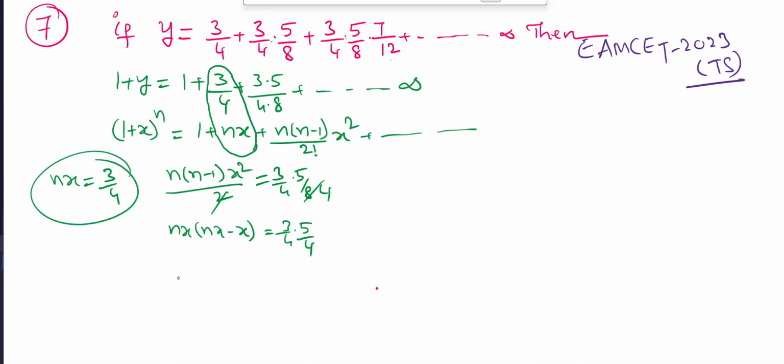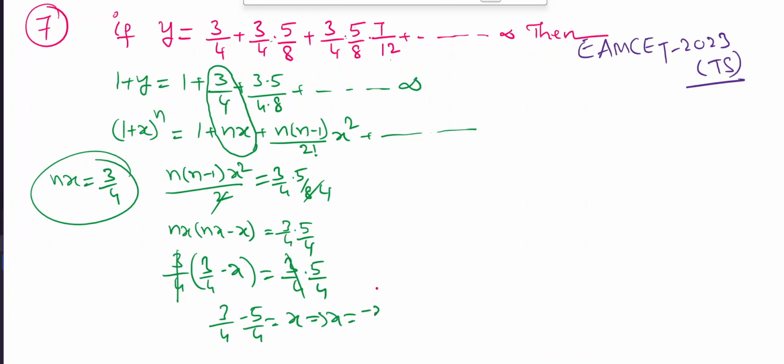Substituting the nx value in this equation, that is 3 by 4 into (3 by 4 minus x) is equal to 3 by 4 into 5 by 4. Both sides 3 by 4 cancel. From this, 3 by 4 minus 5 by 4 is equal to x. This is x is equal to minus 2 by 4. The x value is minus 1 by 2.